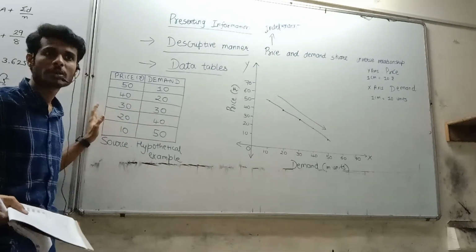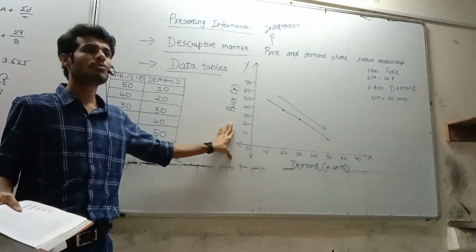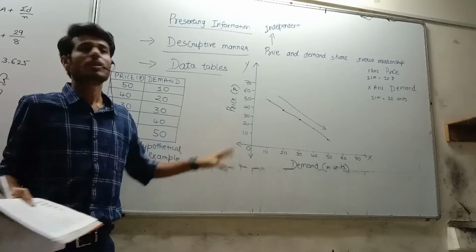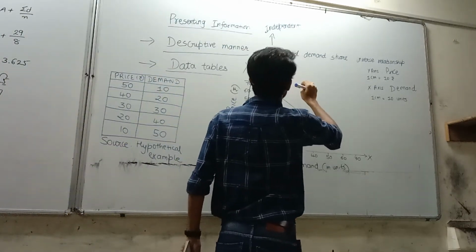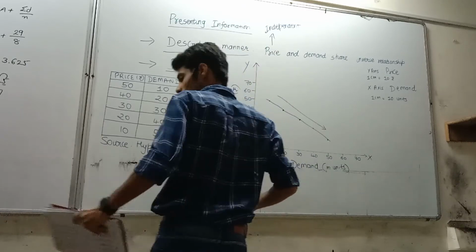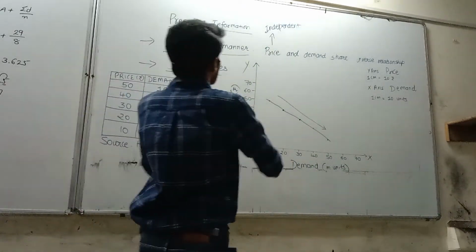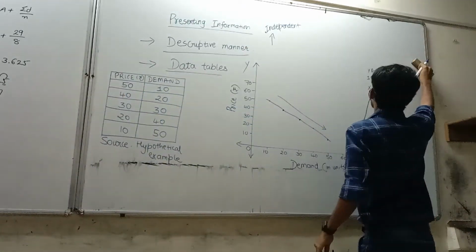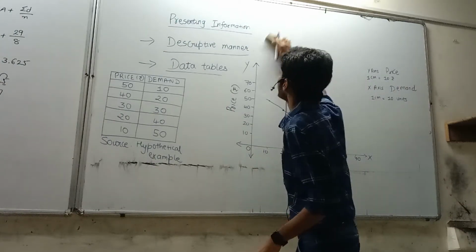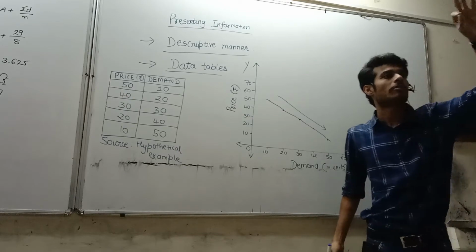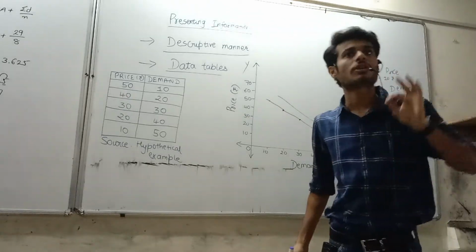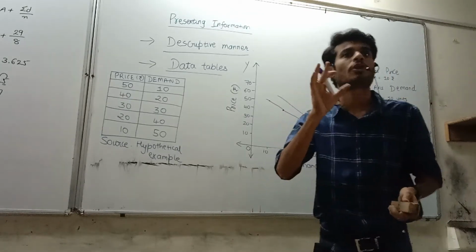First you have to write this table and then you have to make a diagram. And always remember there will be a heading of each and every diagram. For each and every diagram or a graph, there is going to be a proper heading.